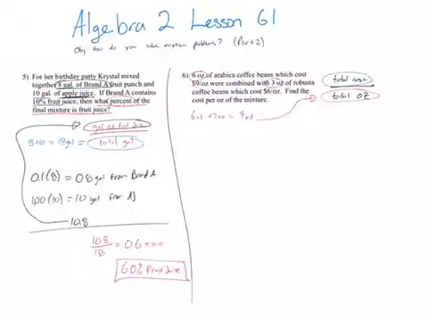The first kind of coffee bean costs $9 an ounce, and we bought 6 ounces of that. So wouldn't it make sense to multiply those two together? $9 per 1 ounce, multiplied by 6 ounces will give me the cost of that. So it's going to be $54 for the first brand of that kind there.